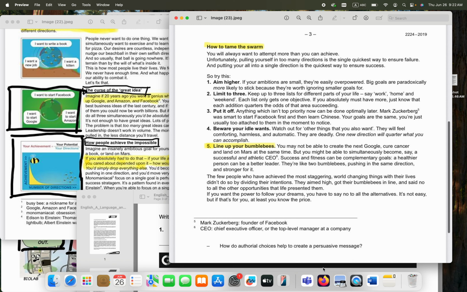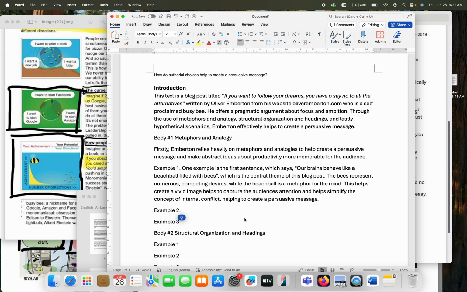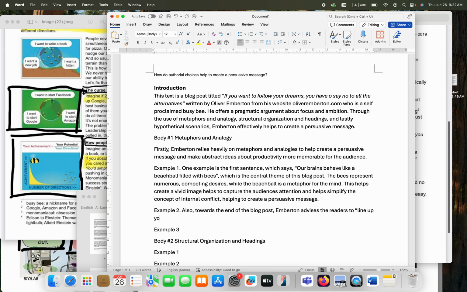So we can say something like, another. Okay, so transition words, so just say also Emberton towards the end of the blog post Emberton advises the readers to line up your bumblebees.